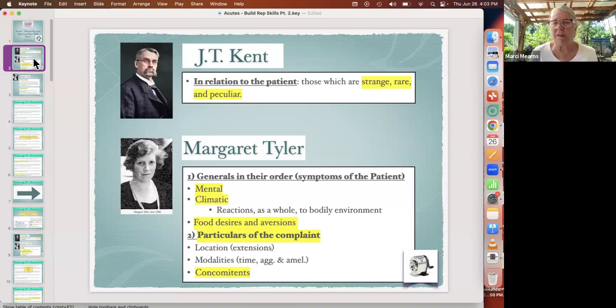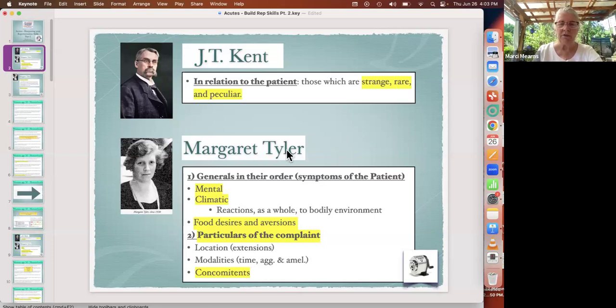This is sort of the outline that I utilize to get to these as effectively as possible. The first thing we'll look at, of course, is are there any strange, rare, and peculiar symptoms in relation to the patient that stand out? They have to be indeed outstanding. I also include in that first line if there is an etiology that is readily identifiable.